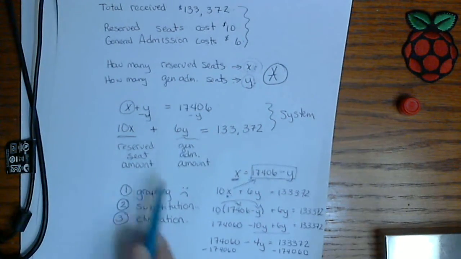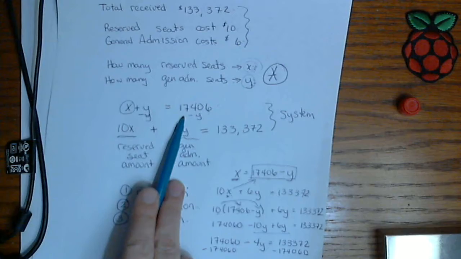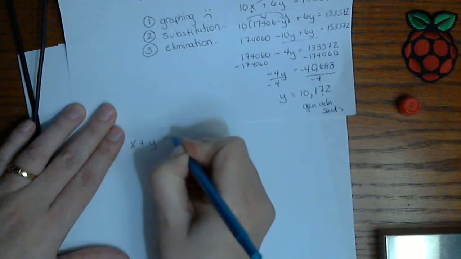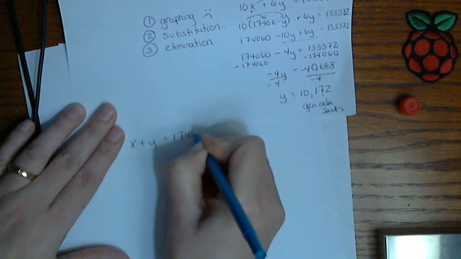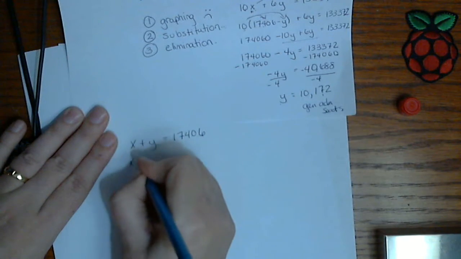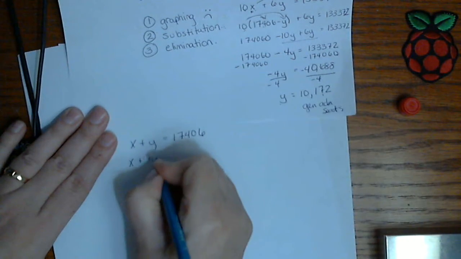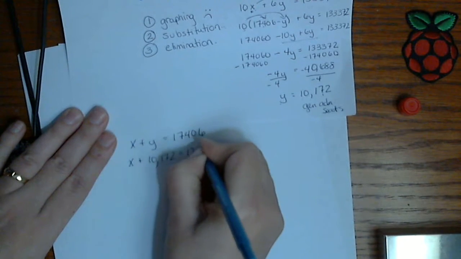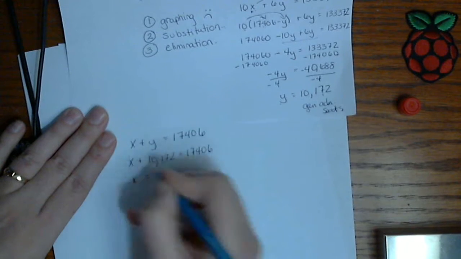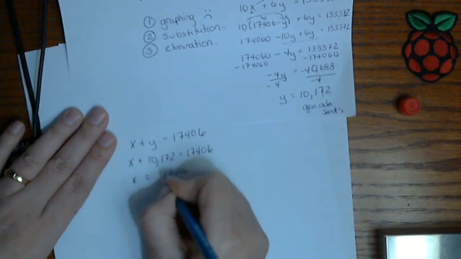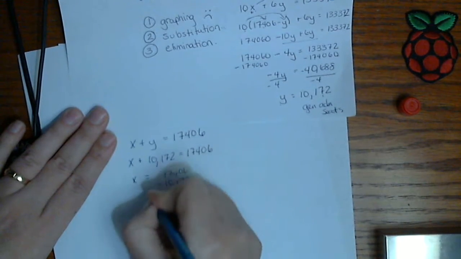Now, we know that the total number of seats had to add up to 17,406. So we know that x plus y has to equal 17,406, right? And y, I'm going to substitute that back in, was 10,172. So x ends up being equal to 17,406 minus 10,172.